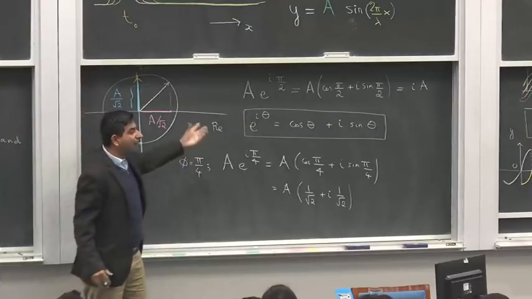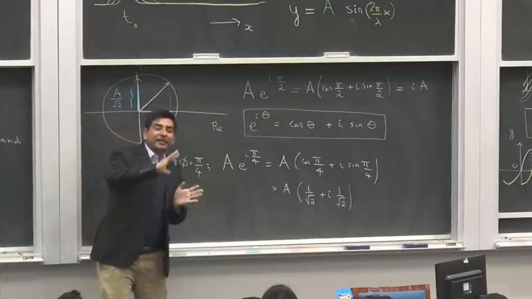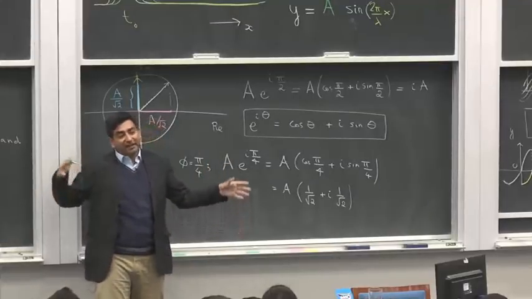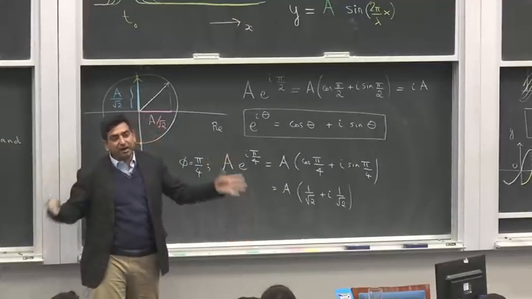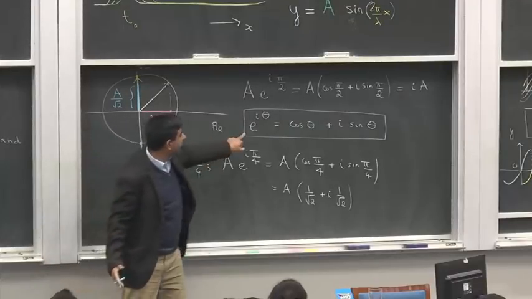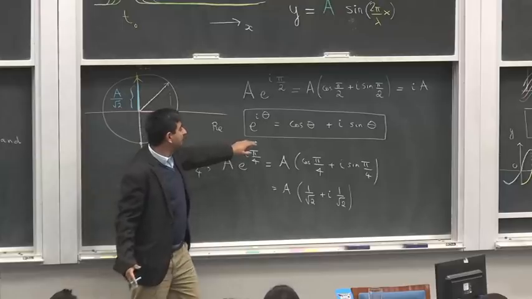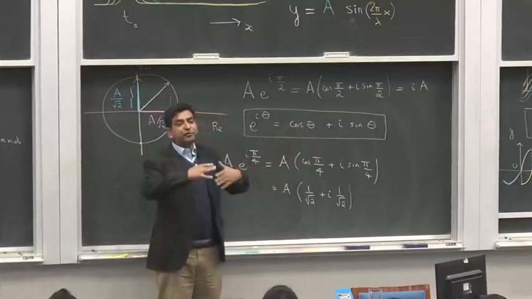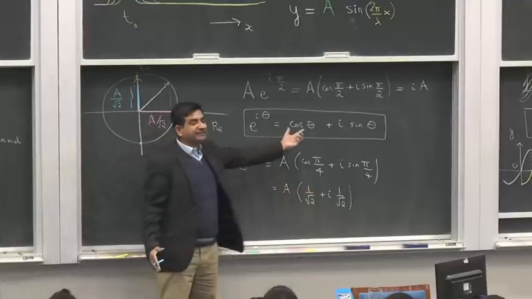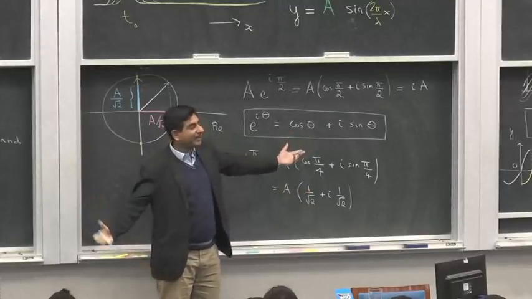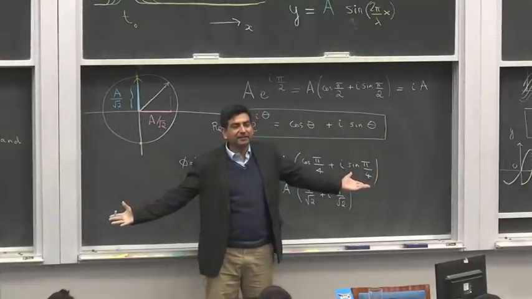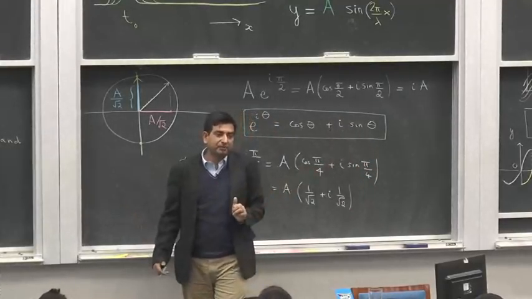So now I have a complex number which has a real projection and an imaginary projection, part real, part imaginary. Alright? And this is where this formula comes from. If you drew a right angled triangle, the real part is simply cosine theta and the imaginary part is sine theta. Do you agree with that? This is where this formula comes from.